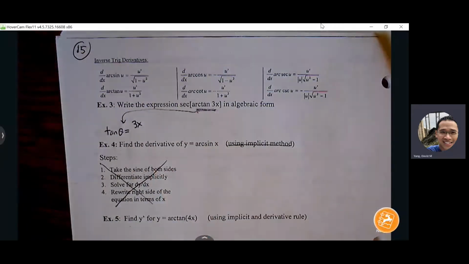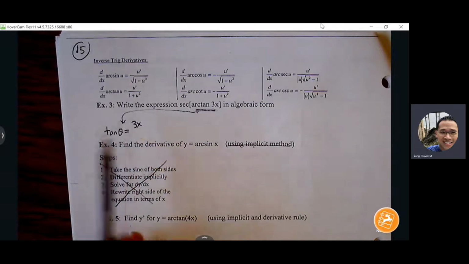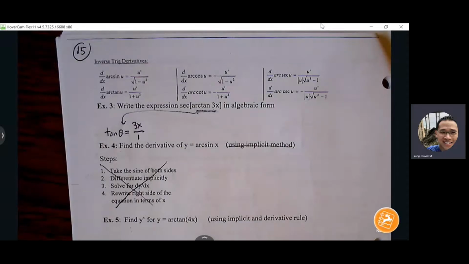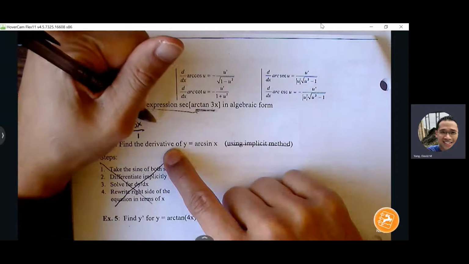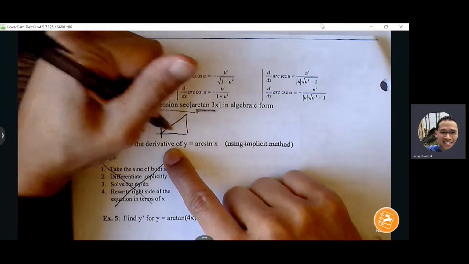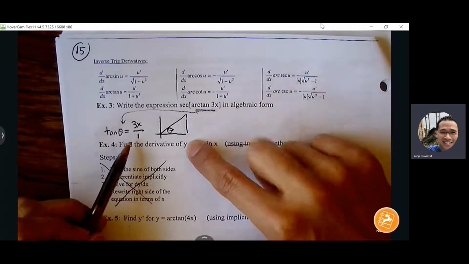Now, we like to see a numerator and denominator. I don't see a denominator, but I can force a 1 in the denominator here. 3x is the same thing as 3x over 1, but seeing that 1 is beneficial for populating our triangle. So our triangle here, first quadrant. Where does the 3x go? Where does the 1 go?